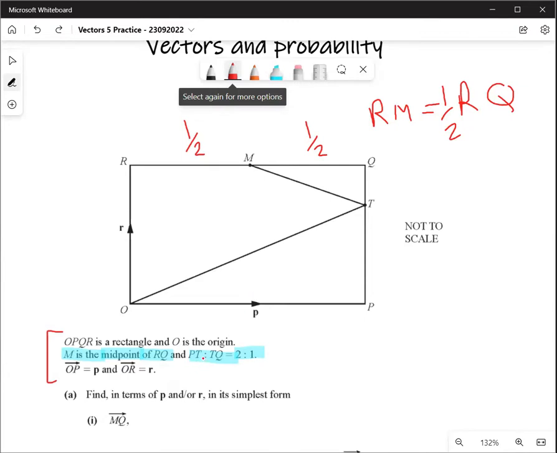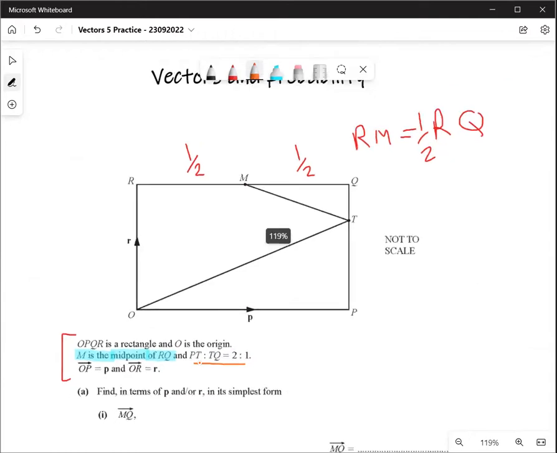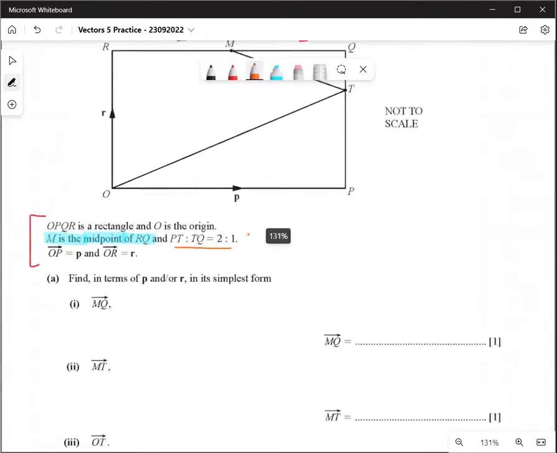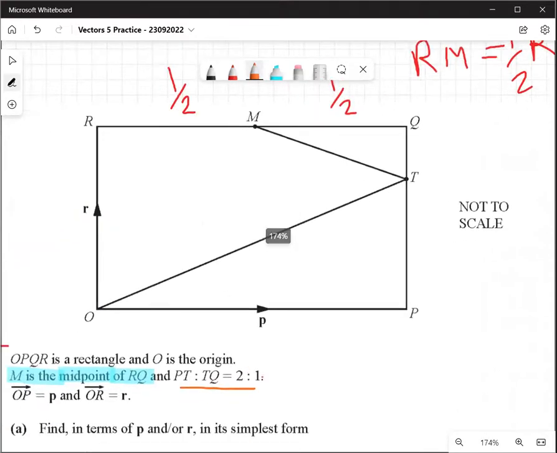So now we look at PT, TQ. What does this mean? I want you to read this out loud. PT, TQ is 2:1. That's a ratio of 2:1. That means that PT must be 2 and QT must be 1. How do I know what this is?